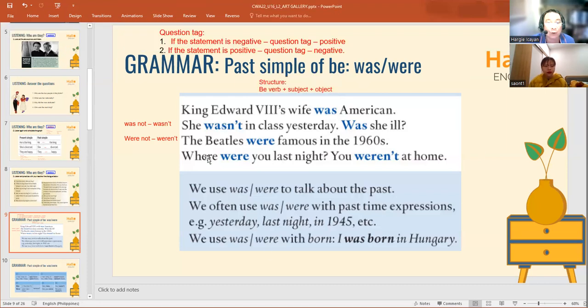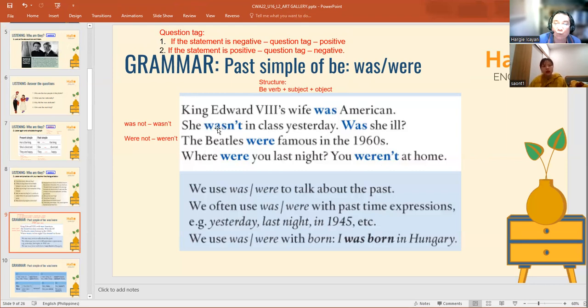Like for example, the negative statement: she wasn't in class yesterday. What would be the question tag that we use? It's positive. So the structure should be be verb first. What's the be verb in here? It's was. Why is it was?